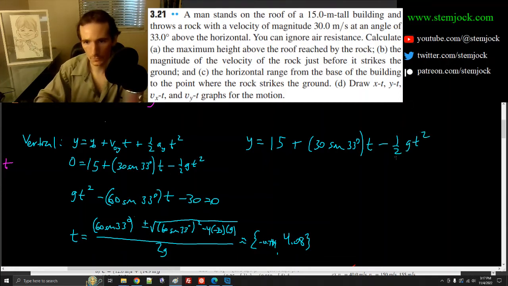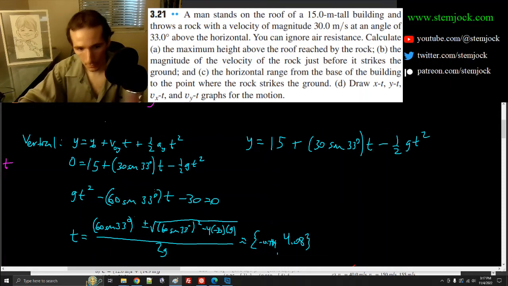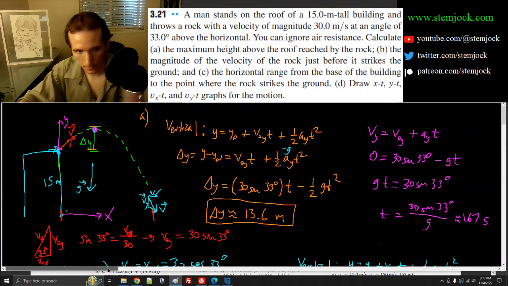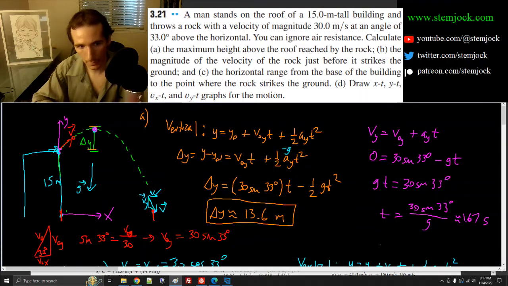So this here is a quadratic equation in t, so it's going to be in the shape of a parabola. It's basically what we drew here in the visualization. It's going to be this parabola here, very roughly.